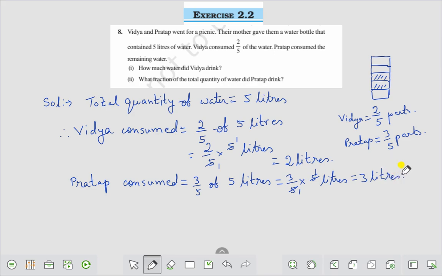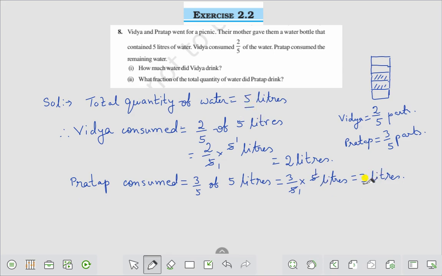The question was, what fraction of the total quantity of water did Pratap drink? Here you see, Pratap consumed 3 liters and the total quantity of water is 5 liters.